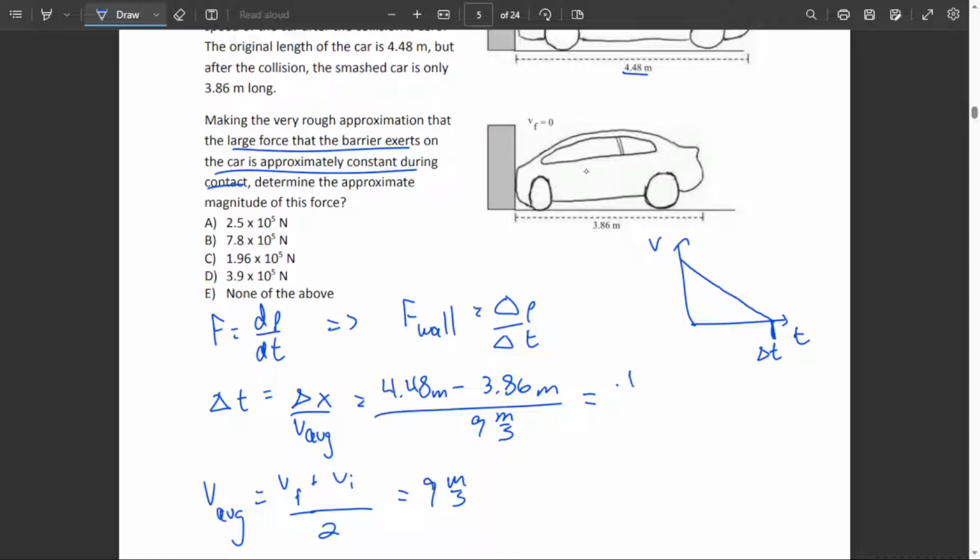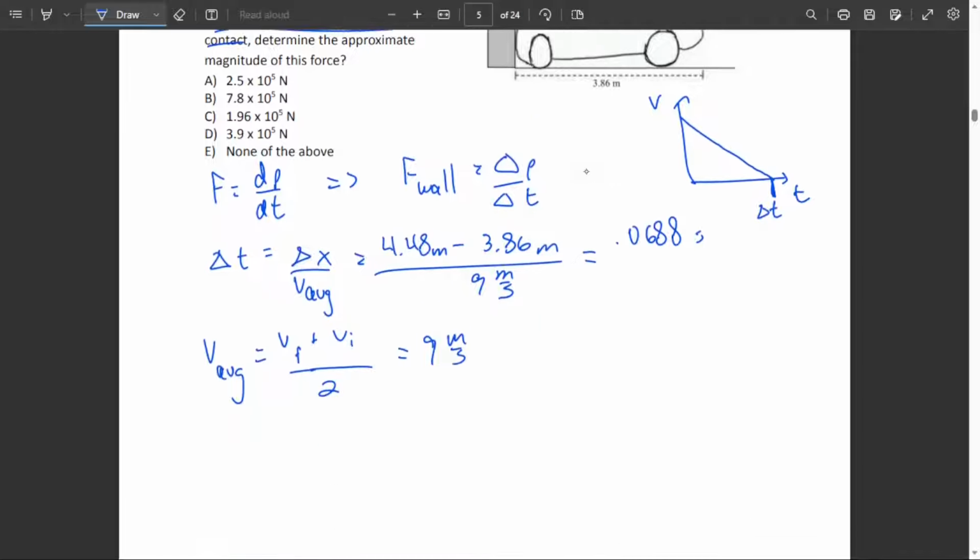Around 0.0688 seconds. I don't know if you get a calculator. I'm assuming you get a calculator during the exam. This would be not fun to do by hand.